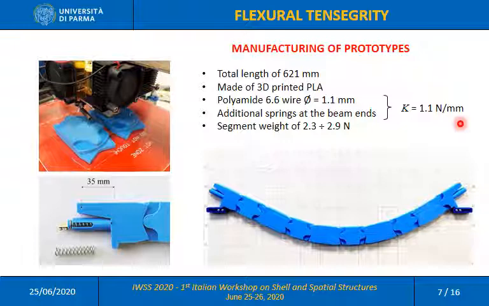The weight of each segment varies from 2.3 to 0.9 Newton according to the specific model that has been constructed. Here you can see the 3D printing of a segment. This is the end spring that is added, and here is the deformation of a prototype under its own weight.